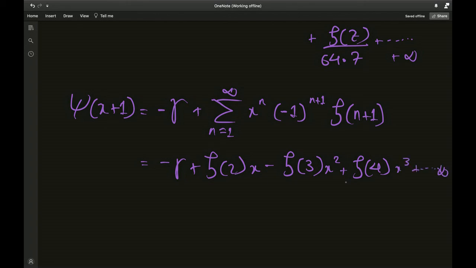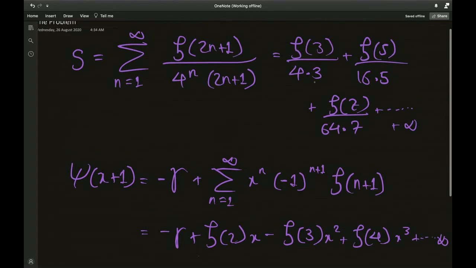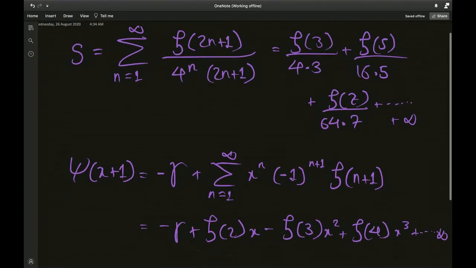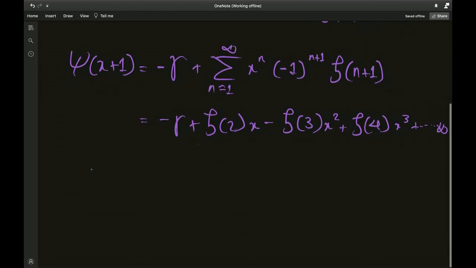Now the challenge here is that in our series we had odd arguments for the Riemann zeta, while here we have all arguments from 2 to infinity. Okay, so let's just keep this as it is.